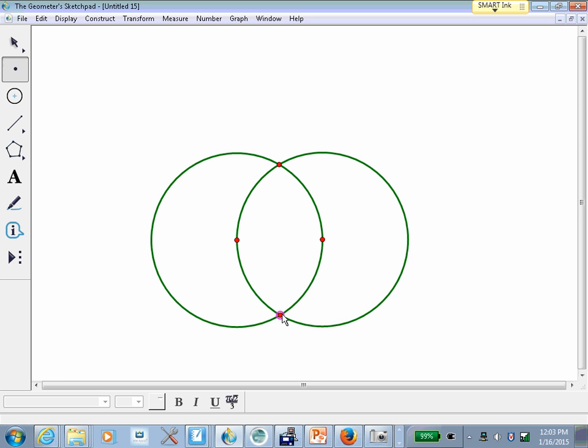Make sure both circles are highlighted. And that will construct a rhombus. So I'm going to connect my points.